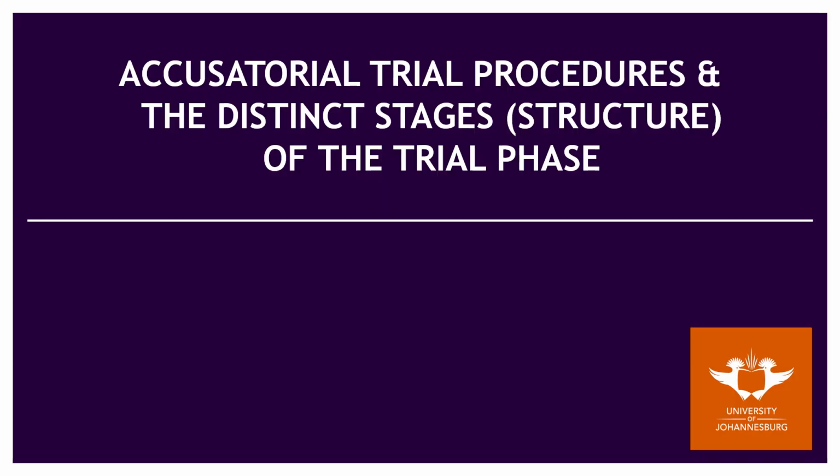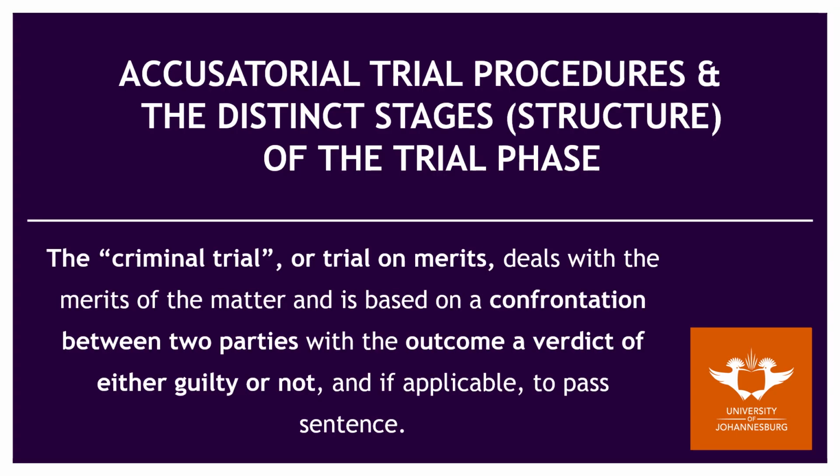Next, we will look at the accusatorial trial procedures. In other words, the distinct stages or structures or steps of the criminal trial phase. As we've mentioned, the criminal trial or the trial on merits deals with the merits of the matter that are in dispute, and is therefore based on a confrontation aligned with the accusatorial principles between these two equal, independent parties that fight out their case in front of an independent, impartial judicial officer.